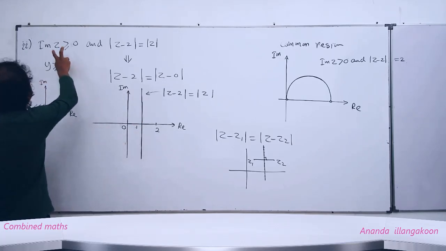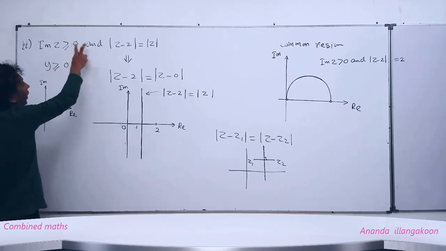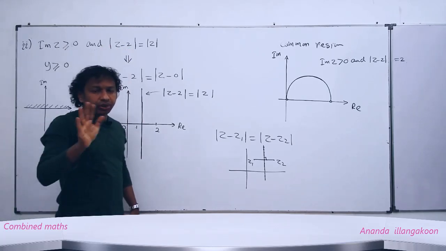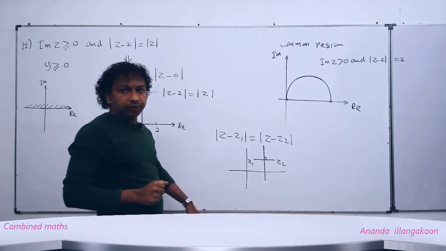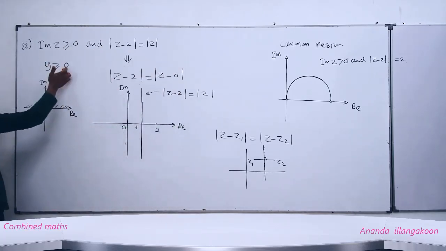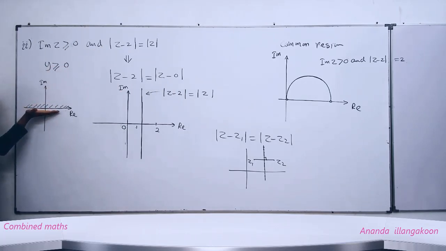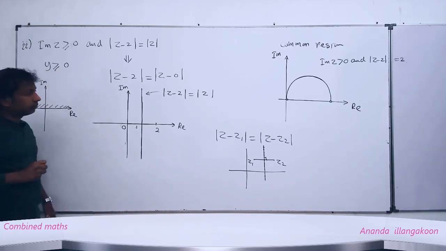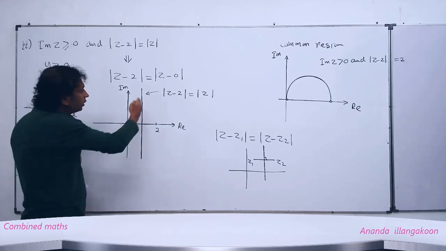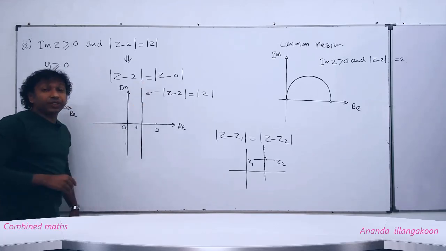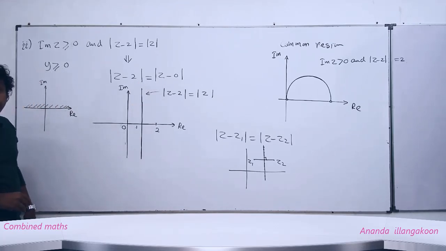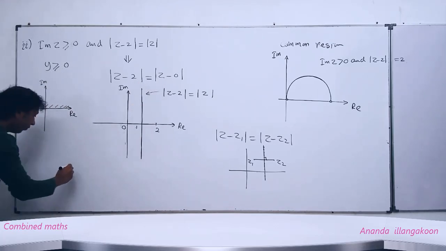Because we have this condition as well as this condition, both should be satisfied simultaneously. So y greater than or equal to 0 means on the real axis or above, because the equal sign is also available in this case. And our region should be on this line. Then where should the common region be? The common region is going to be this.